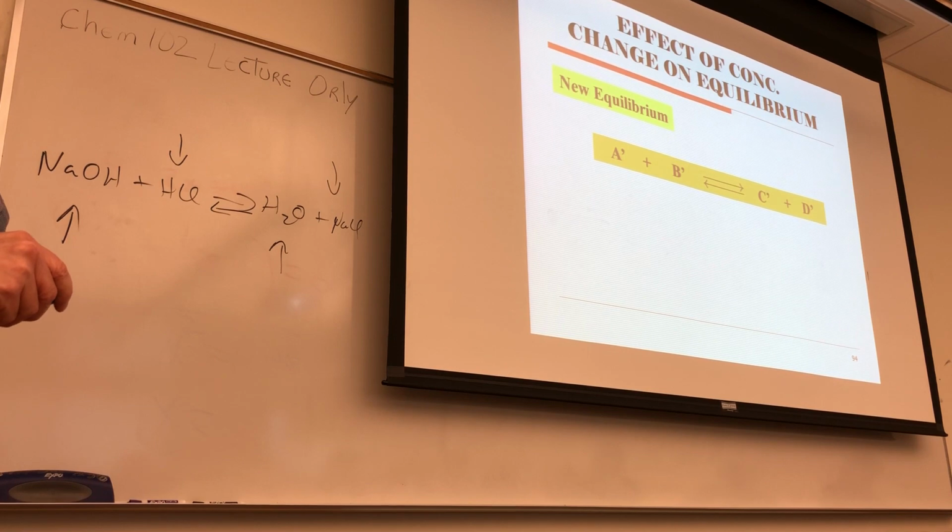My new equilibrium, I'm just going to put the prime: A prime plus B prime gives me C prime plus D prime. It's a new equilibrium. What do I mean by new equilibrium? Let's make sure that what I'm saying makes sense. K is different from the original, and so are the concentrations. I've adjusted the concentrations of the reactants and products. That's the new equilibrium in this case.